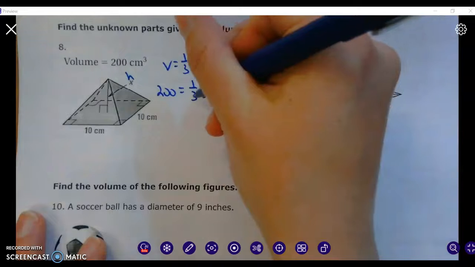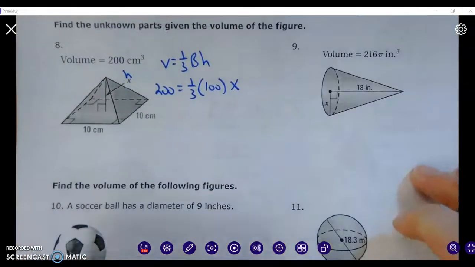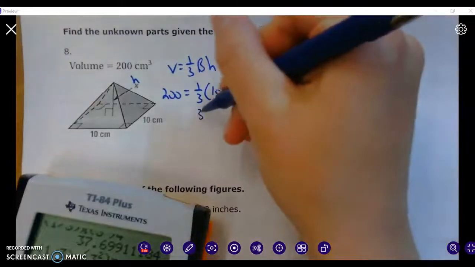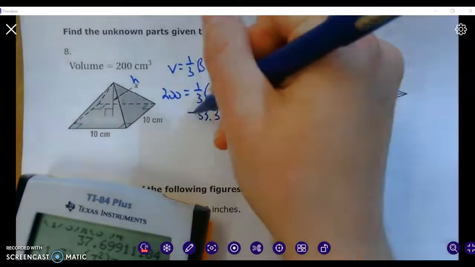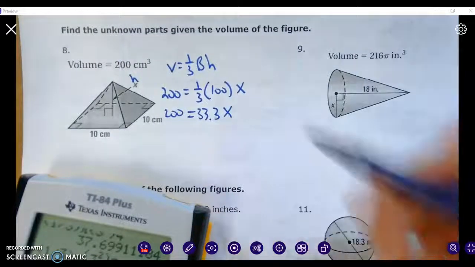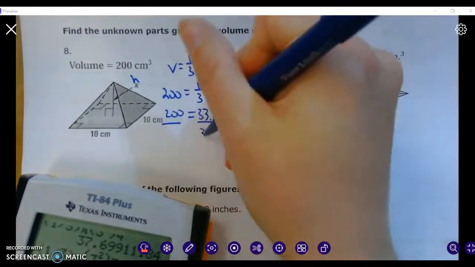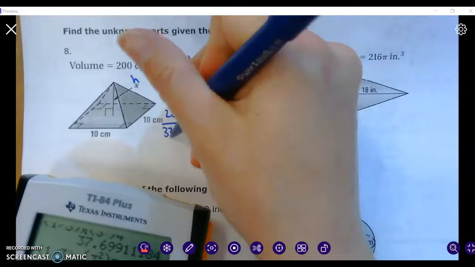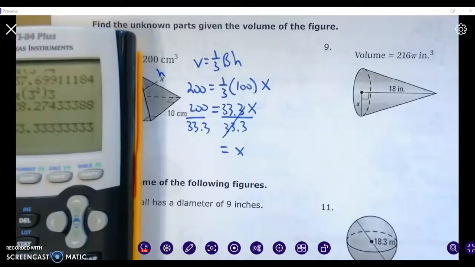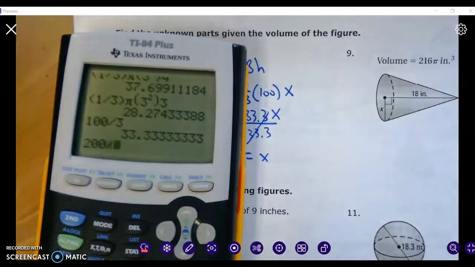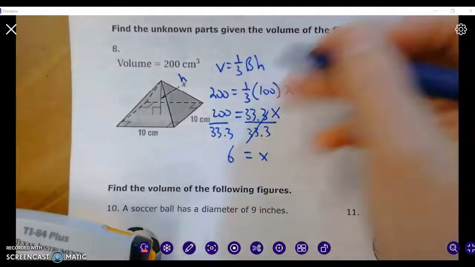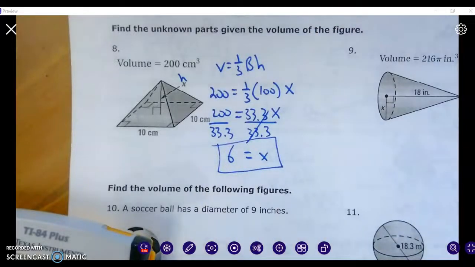Okay, so then 1/3 of 100, we can figure out what that is. So 100 divided by 3 is 33.3x. And then we want one more step to get x by itself. We're going to divide both sides by 33.3. So we've got 200 divided by 33.3 gives us about 6 for the height of that pyramid.